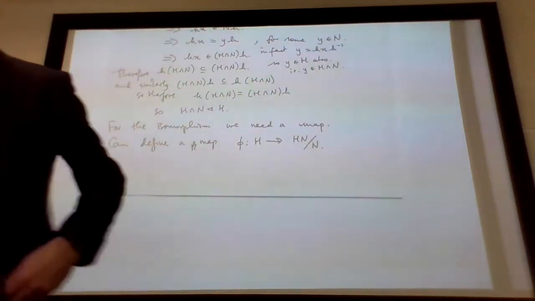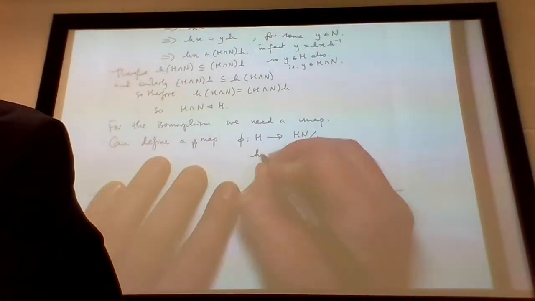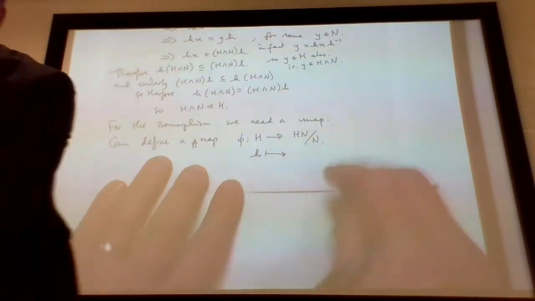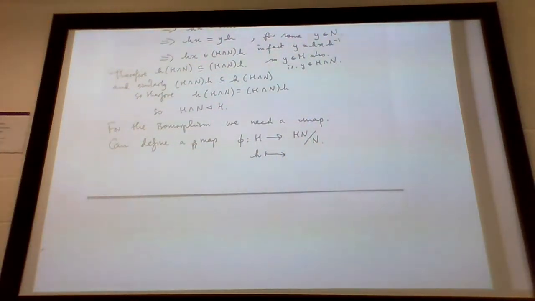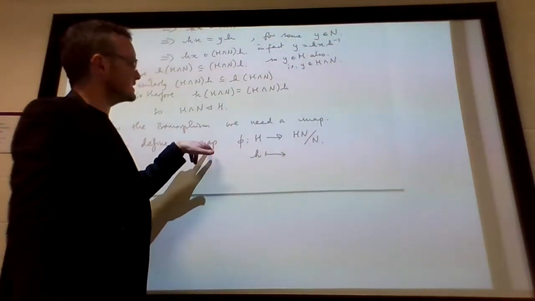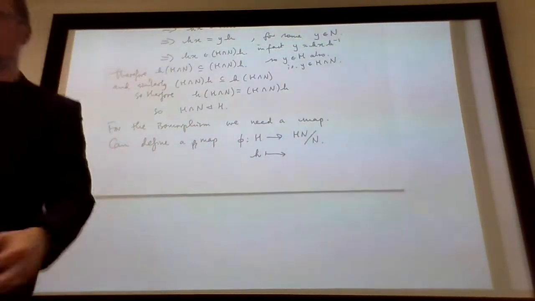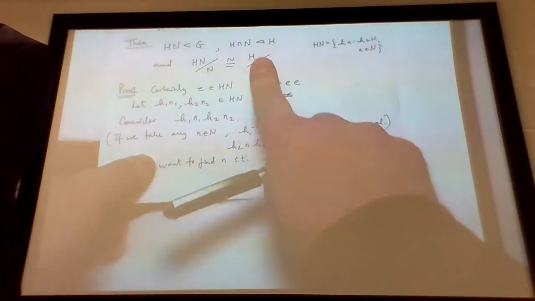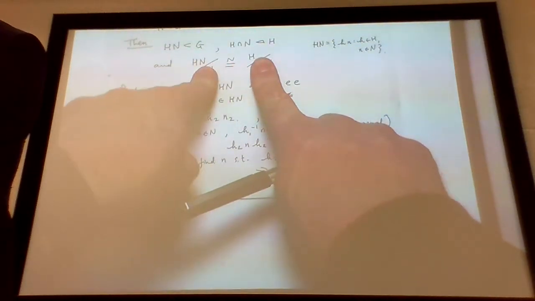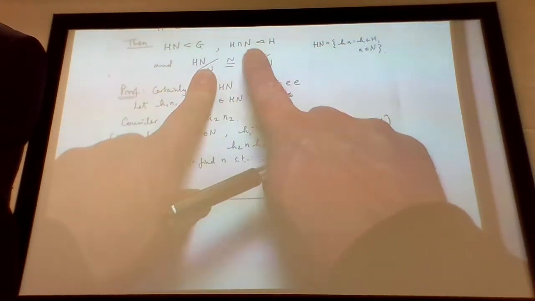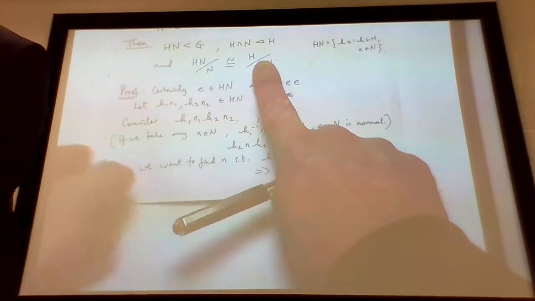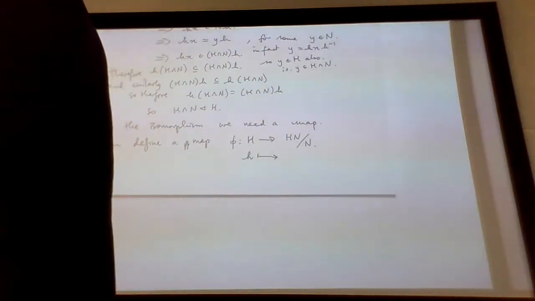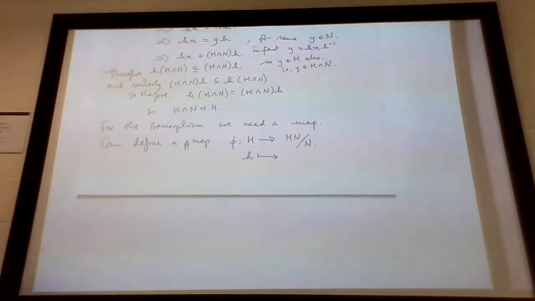What is this map? If you take an element little h, which coset of N are you going to map it to? Now notice I'm not changing this. This isn't necessarily an isomorphism. The isomorphism we want is from here to here, but at the moment I'm only mapping from H to this with a homomorphism. And we're going to get an isomorphism later, thanks to our first isomorphism theorem.